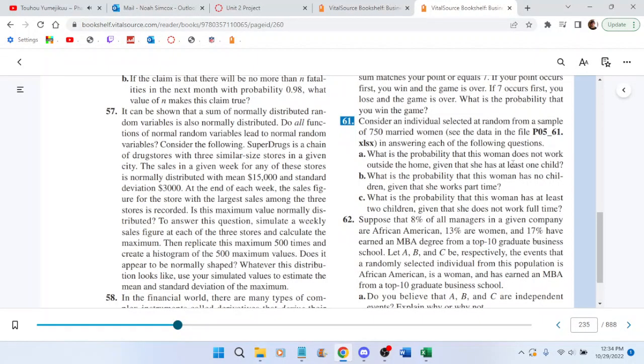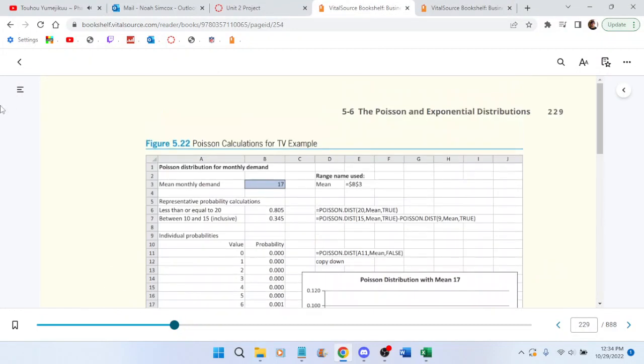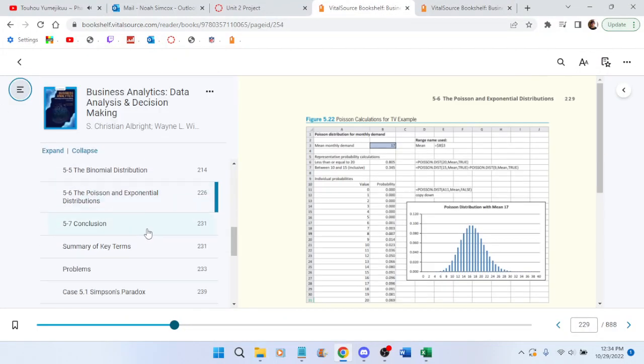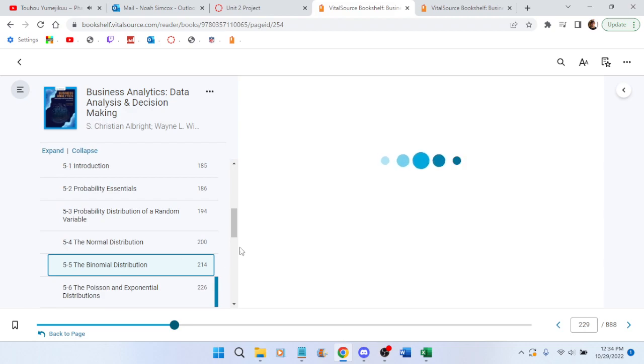I feel like this is going to be some kind of binomial thingy, so I hate myself. Oh, this is going to be so hard.